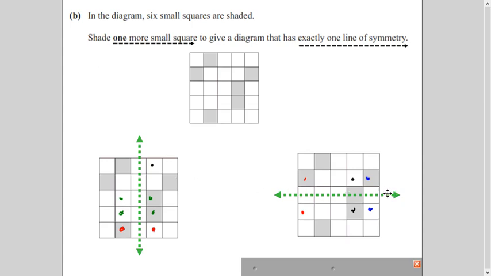If I draw this line of symmetry and fold the figure on it, then this box will fall here. One shaded required. This half is fine. This will fall here. This will fall here. This will fall here. It means you have to shade 3 boxes to make it symmetrical if you want this line of symmetry here, right? So this is also out because the question is saying one line of symmetry.